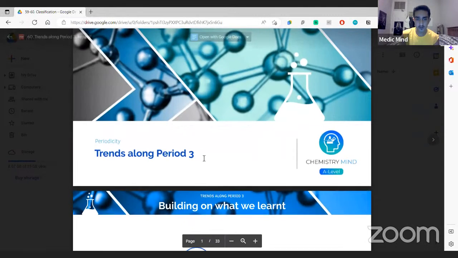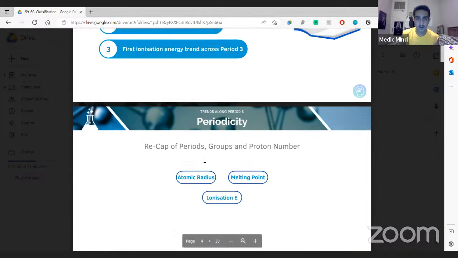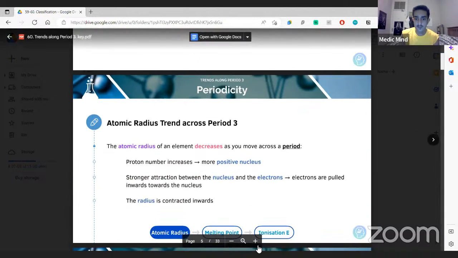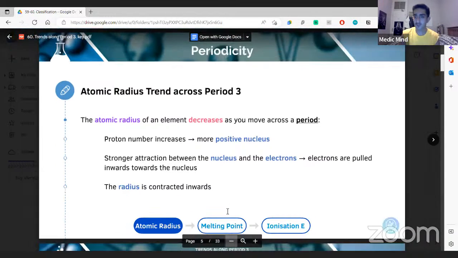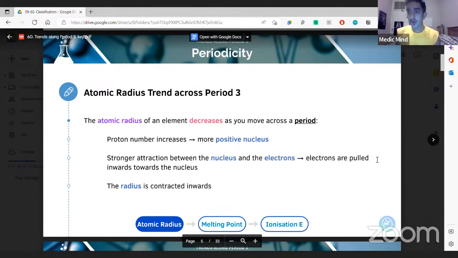Okay, trends along period 3. If you go along period 3, what you have to think about is what's actually happening. The number of electron shells is going to stay the same, right? You still will have the same number of electron shells.